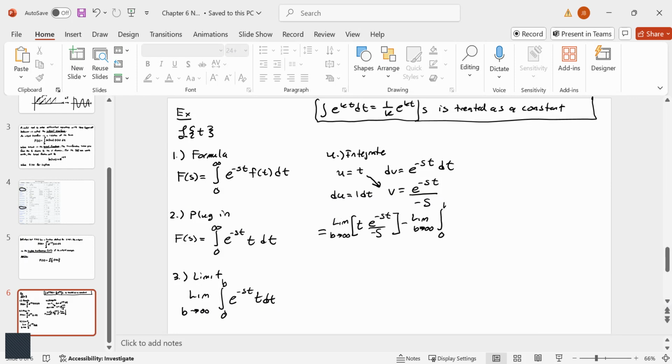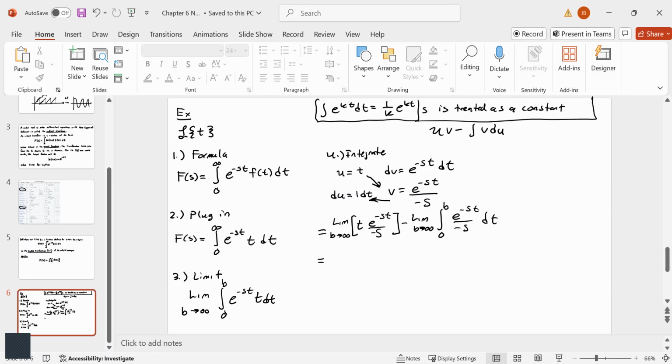From 0 to b of negative 1 over s e to the negative st times dt. That's uv minus the integral of v du, that's integration by parts. The way I memorize it is I do the diagonal product minus the product of the bottom one.